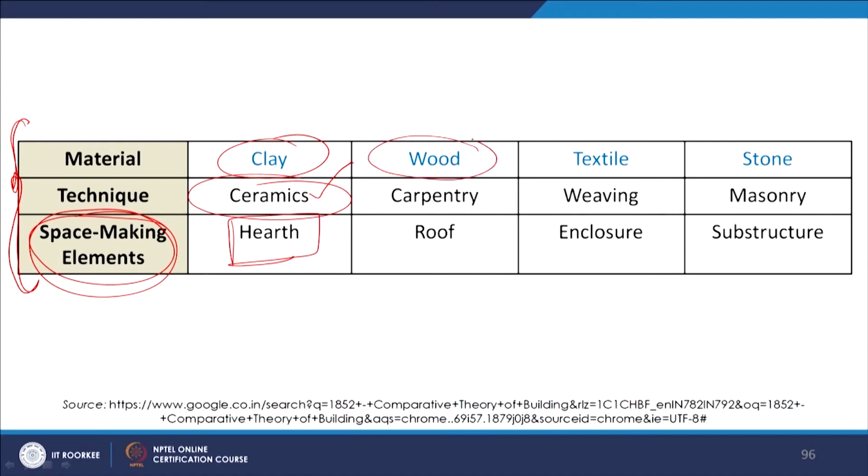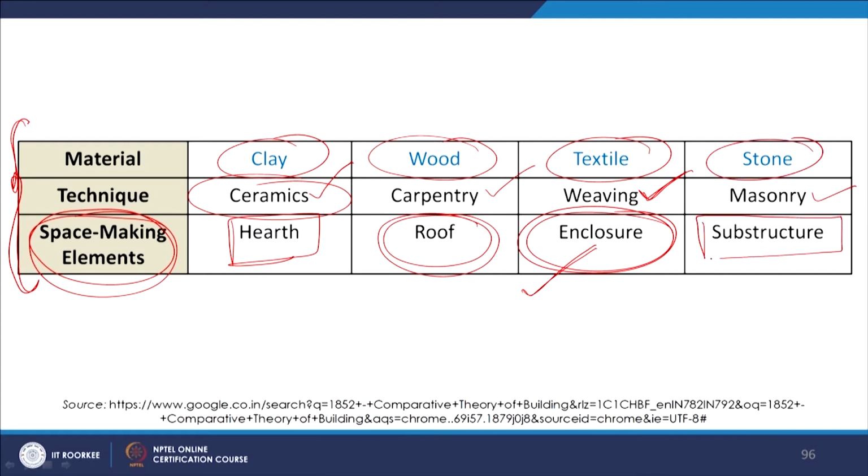And when we talk about wood, it's basically carpentry, and for the construction of roof as a space making element within the gamut of space making principles. Textile technique is weaving, and it generates enclosure, and enclosure could be understood in terms of the space making element that is wall. And stone for masonry, and of course we associate it with the construction of substructure.